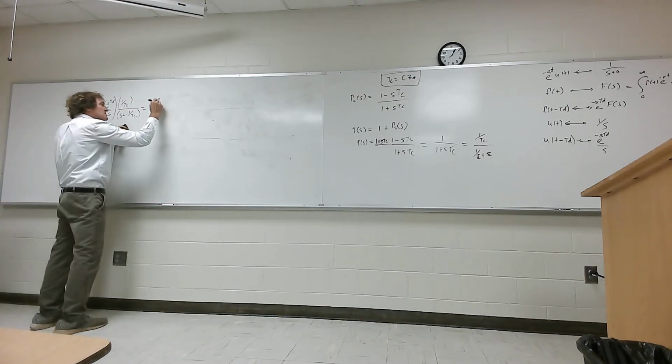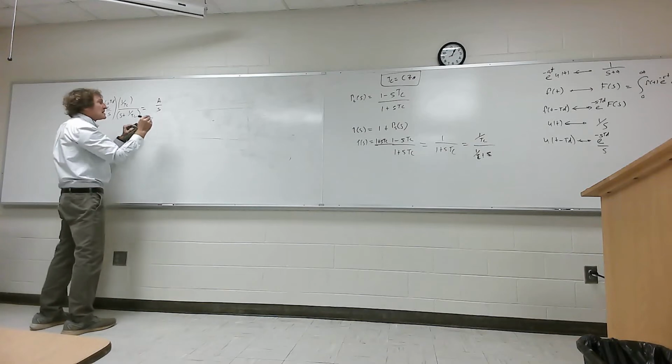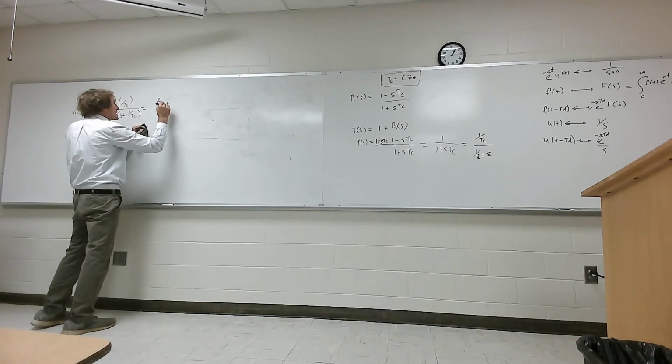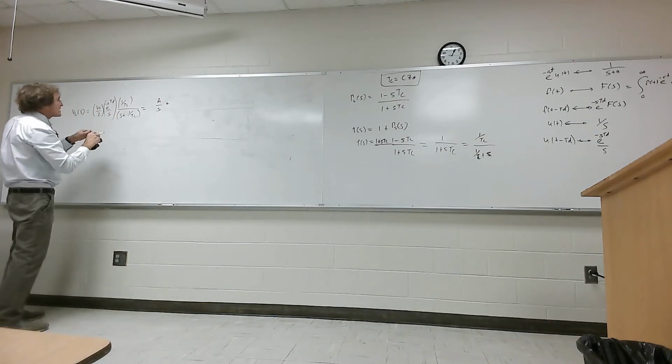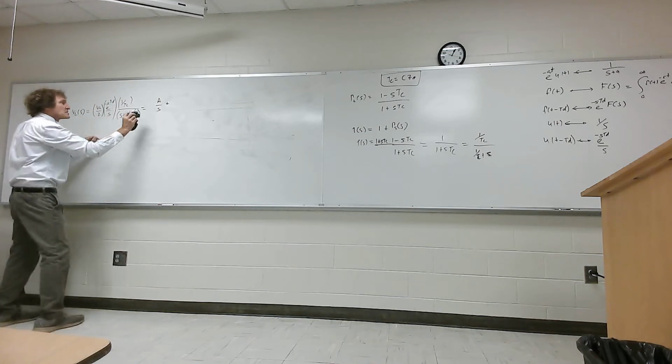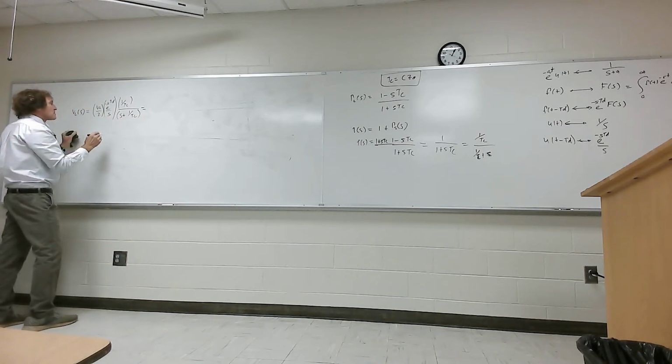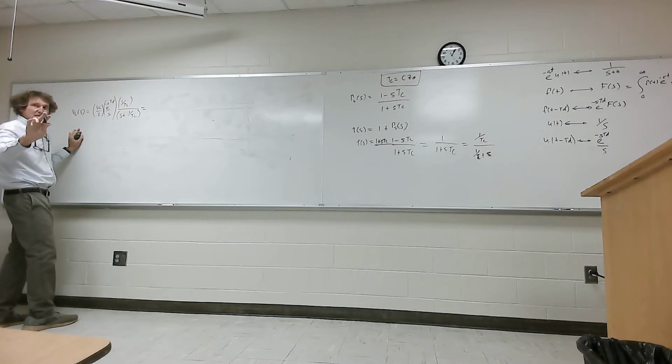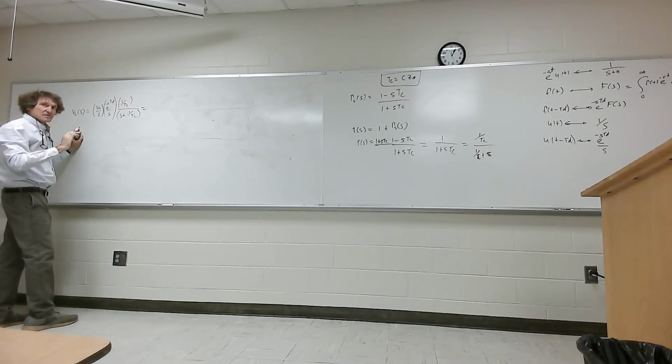So the first pole is just A over s. I'm even going to ignore this e to the minus s td part, because I know that's just going to be a time delay operator on whatever solution I get.